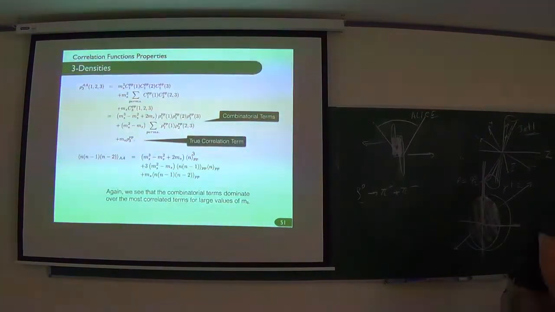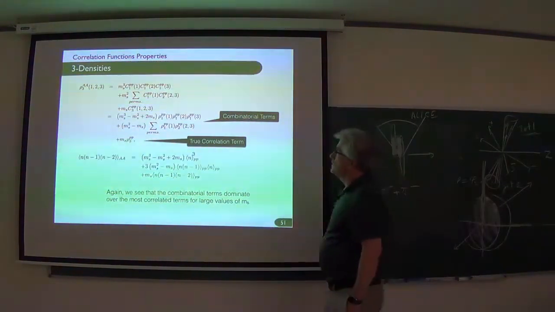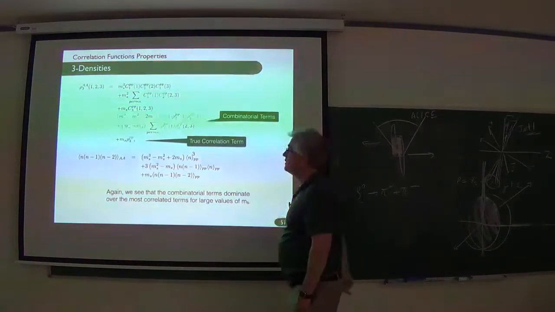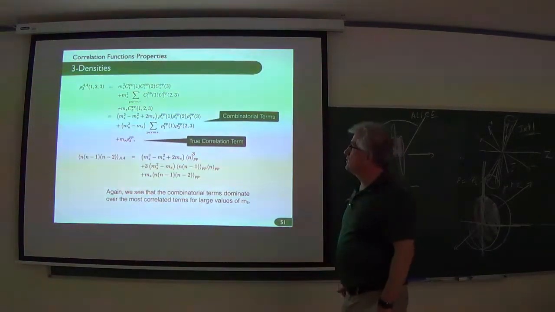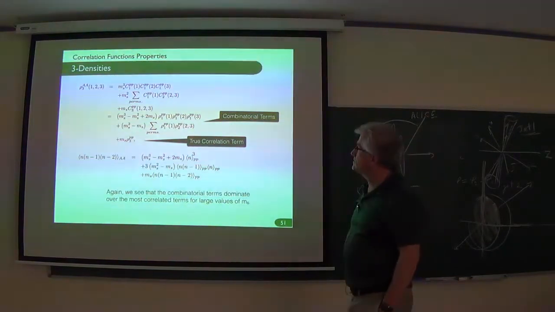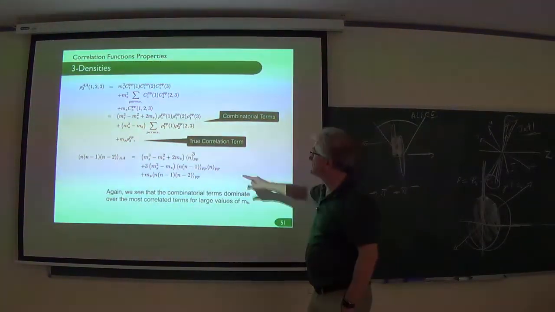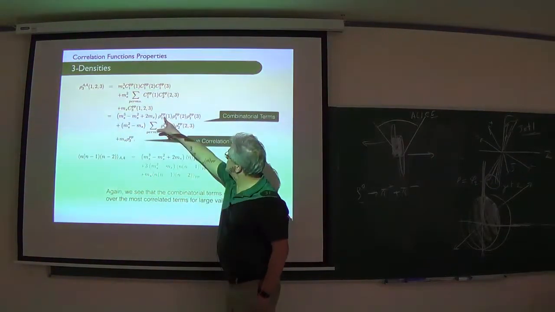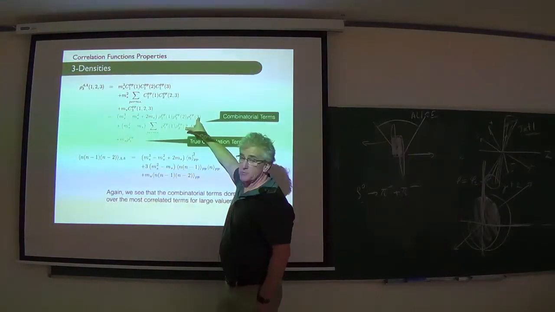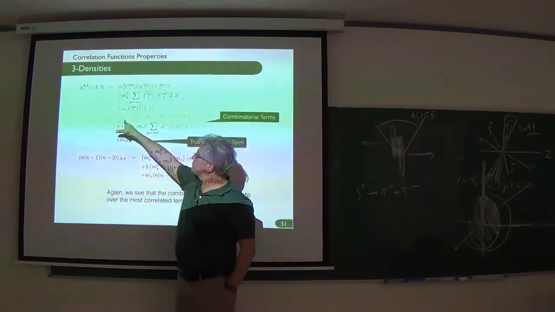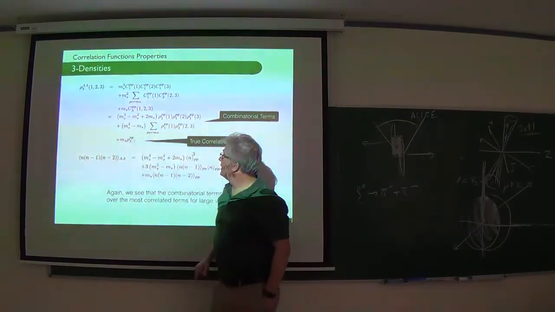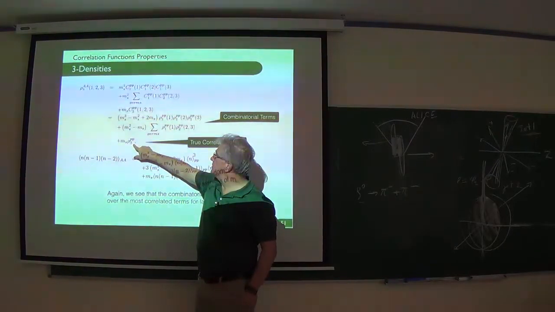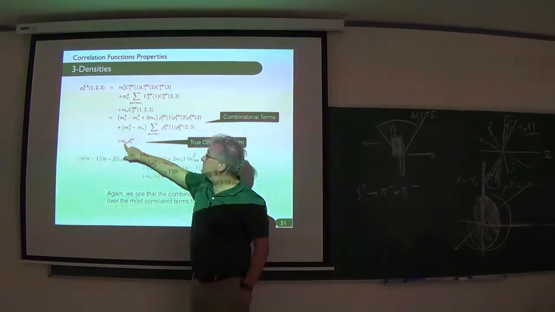So at the end of the day, for instance, three particle densities in AA would be related to three particle densities in PP in this fashion. And so you have this term here, which is purely combinatorial with an n to the power of 3. And you have this term, which is the true three particle density multiplied by n to the power 1.